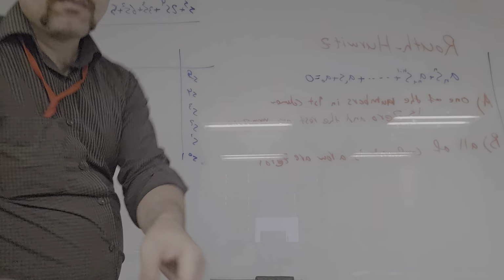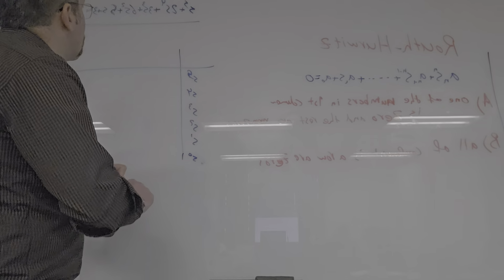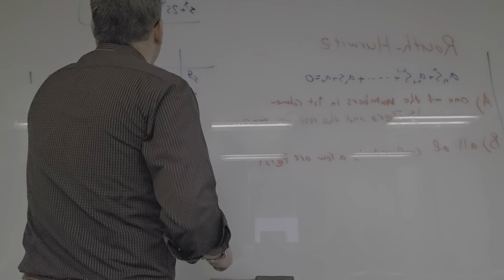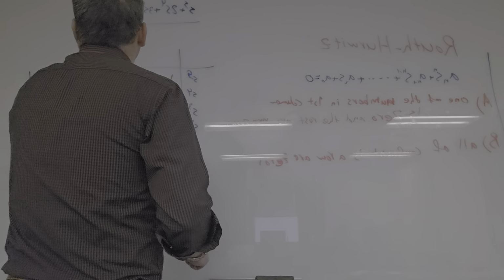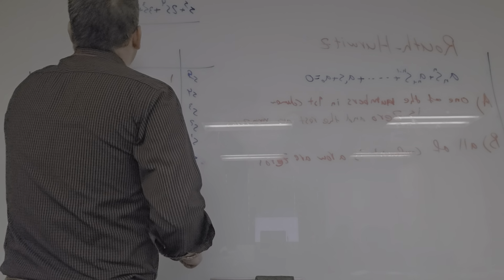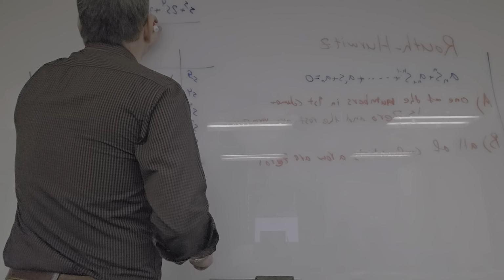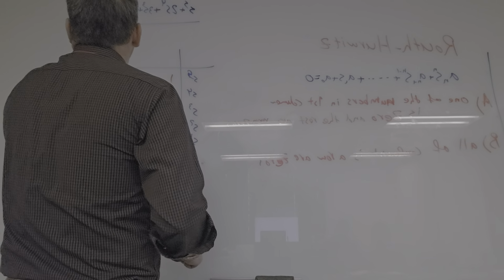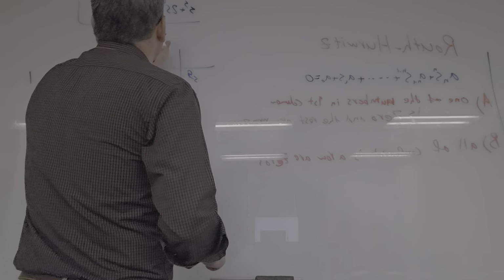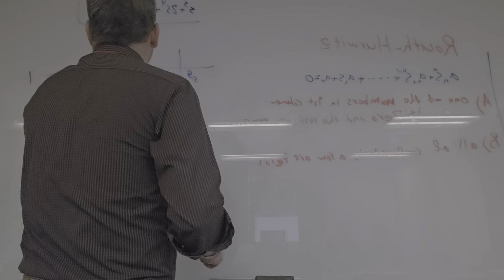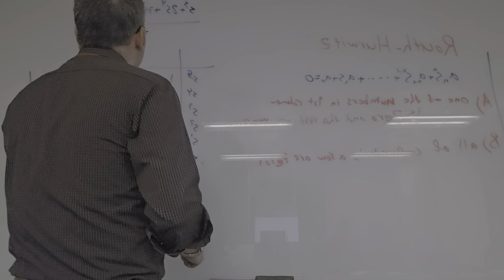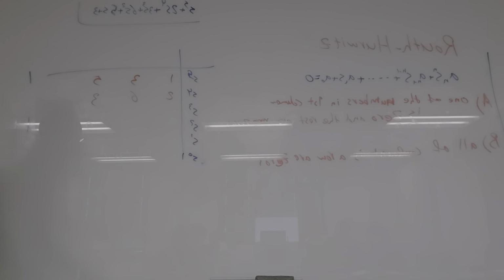Now, the first two rows are easy, so it's going to be 1, 3, 5 and the next one is going to be 2, 6, and 3. Are we good?